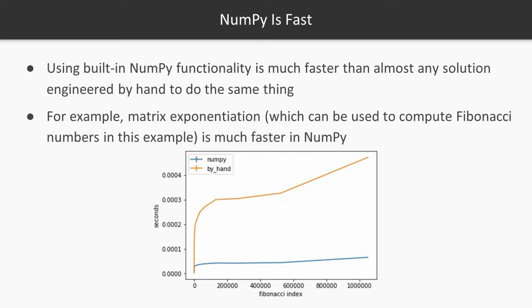So if we write some handcrafted Python code to multiply matrices together as efficiently as possible and compute Fibonacci numbers, it might be more than 30 lines of code. And in fact, we can do the same thing in Numpy using a single line of code. In fact, the Numpy solution is way faster. So Fibonacci numbers probably aren't that interesting to your business, but even something as simple as multiplying matrices together, you should use Numpy for it and not write your own thing in Python.